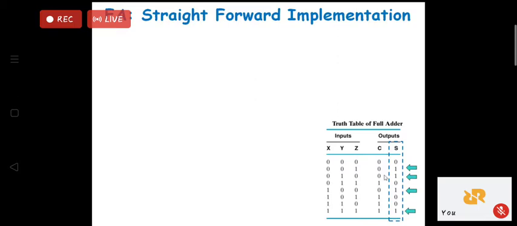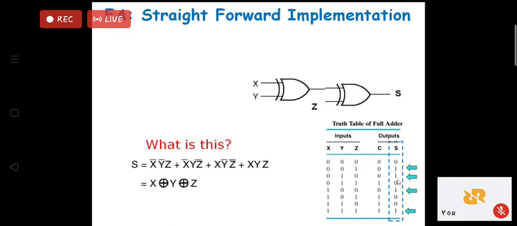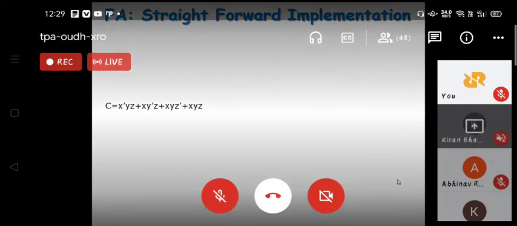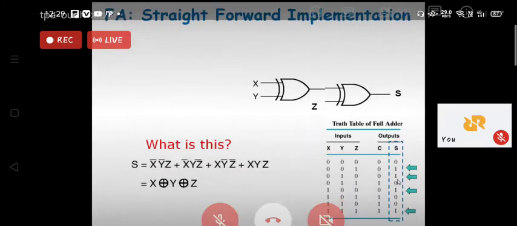Sum of products are at x dash y dash z, that is sum is equal to 1. At x dash y z dash, sum is 1. So like this we have written the four sum of products, and then we have simplified it to draw the diagram.